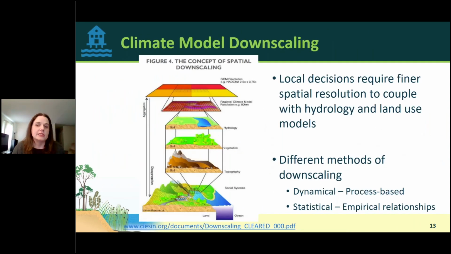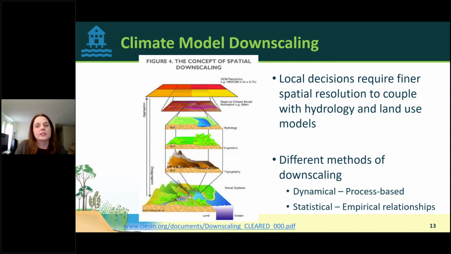So in order to make decisions, we need to downscale climate modeling data. Those scenarios I showed you are global models, and they give a lot of great insight on what the trends may look like from a global scale. But to make local decisions, we need to take those models and downscale them to a finer spatial resolution.